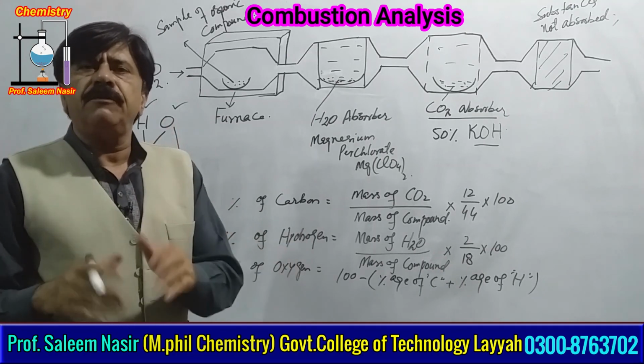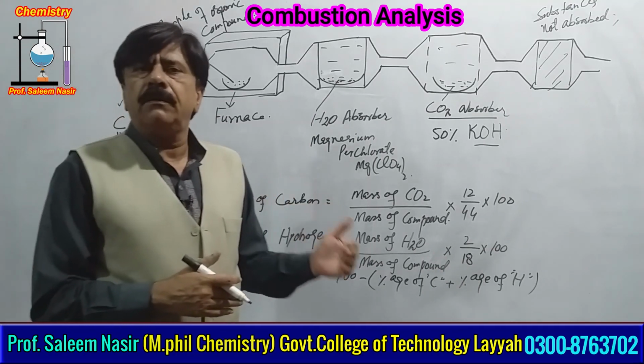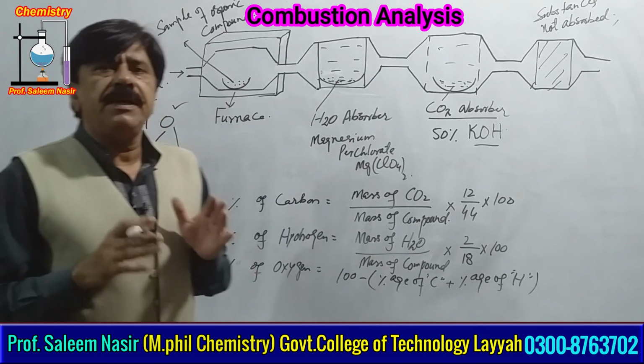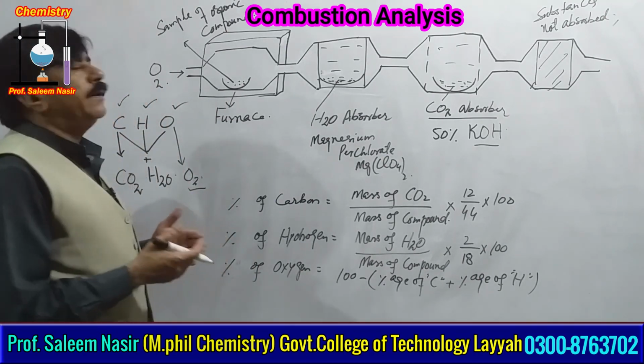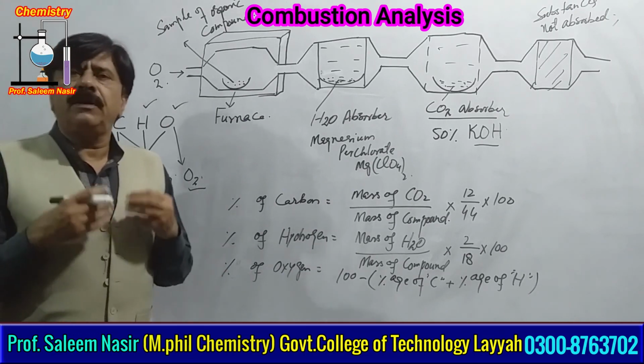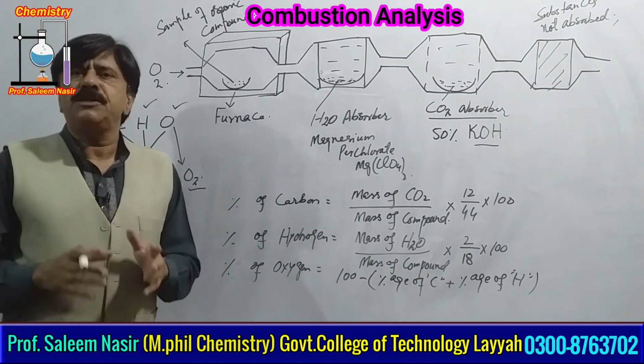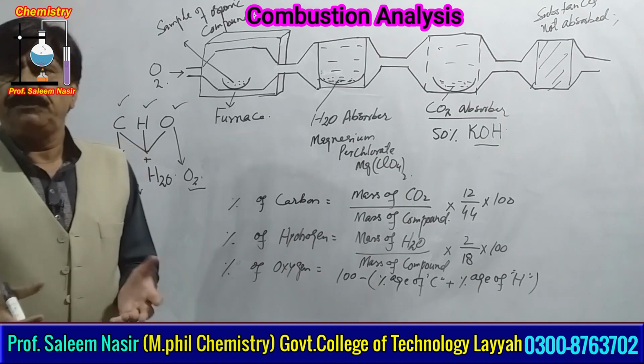Subtracting from the 100 will give the percentage of the oxygen, and in this way we can calculate the percentage of the different elements of the organic compounds which are being studied.